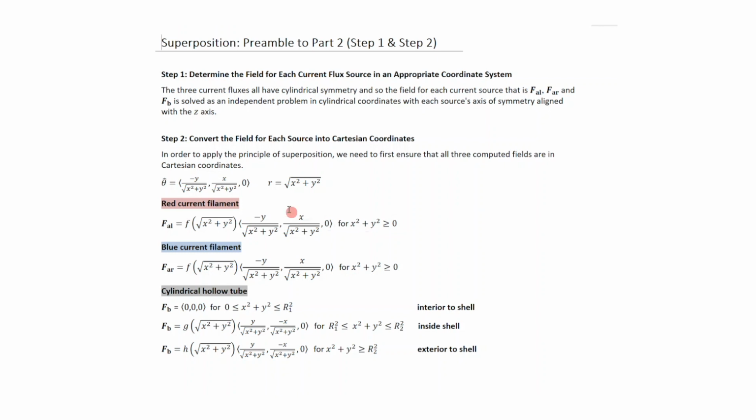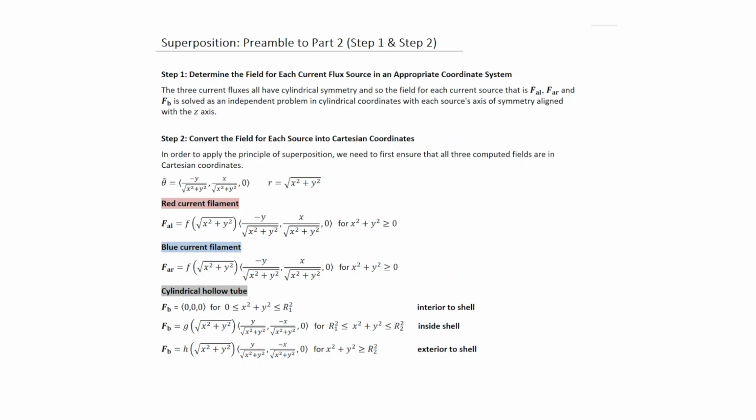So we can solve each one of these as an independent problem in cylindrical coordinates, but we're going to make sure that each of the sources' axis of symmetry is aligned with the z-axis. In the case of the two filaments, they have to be shifted so their axes are at the origin, but the cylindrical shell is already aligned with the z-axis, so there's no need to move it at all. It just stays put. So that's step 1.